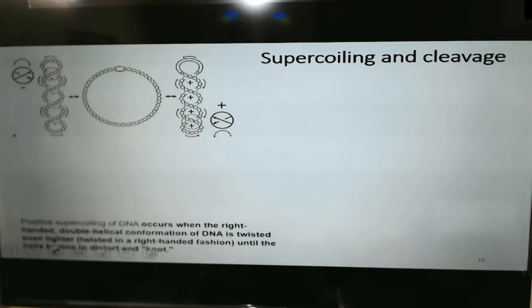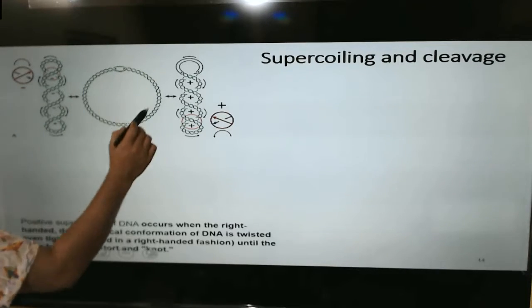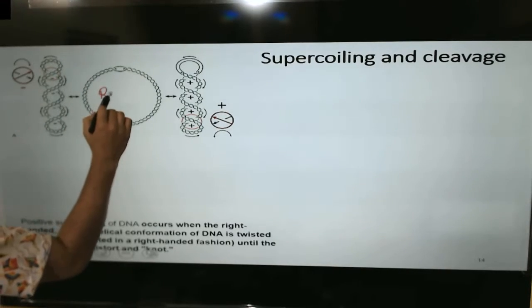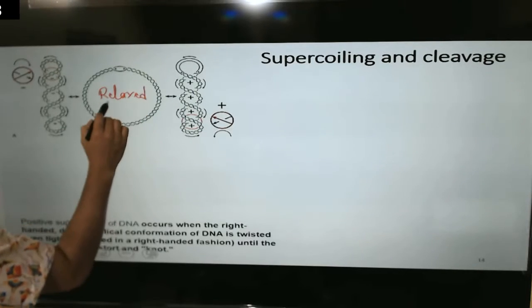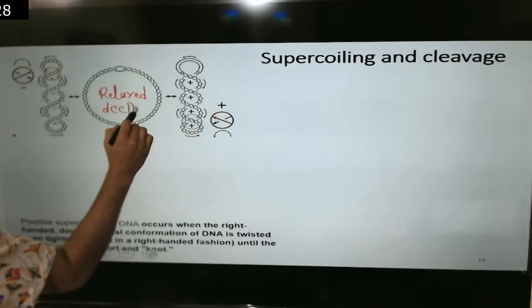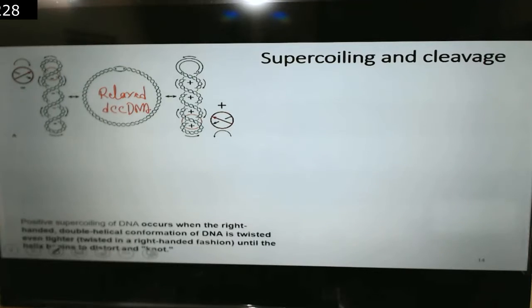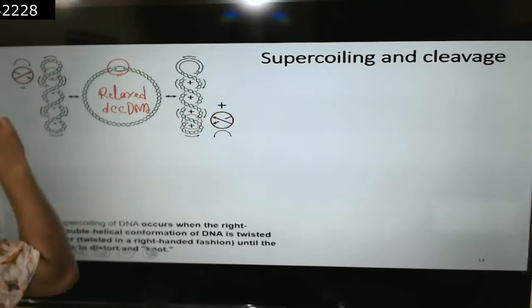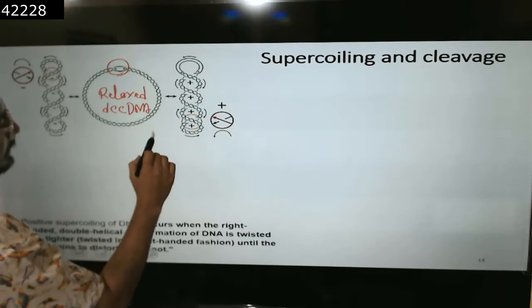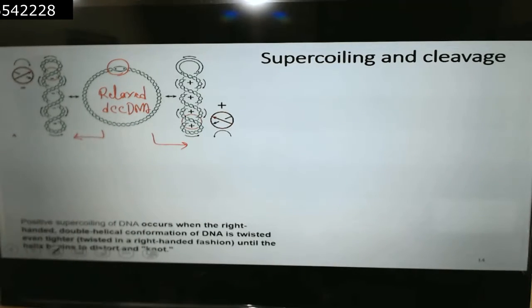So here you can see a relaxed double closed circular DNA. This is where the opening is started, and you can see that this side is positive supercoiling, this side is negative supercoiling.